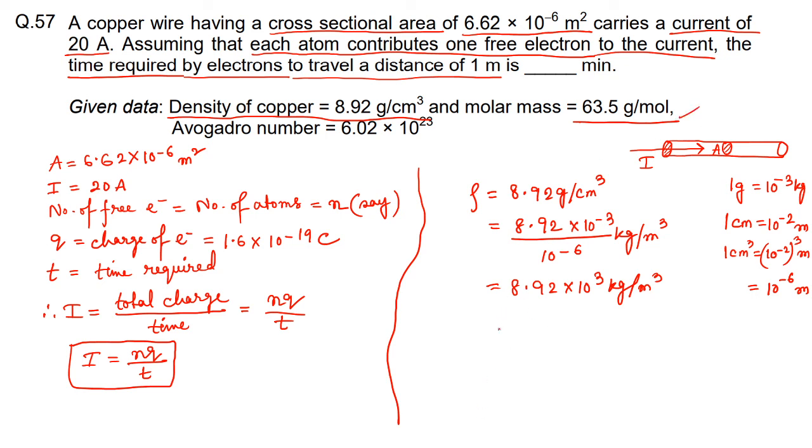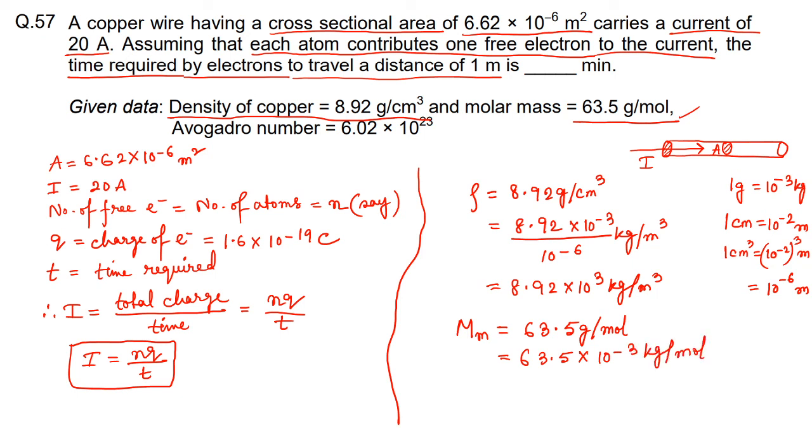Now let us take the molar mass as capital M. This is the molar mass. So the molar mass equals 63.5 gram per mole, or we can write it as 63.5 into 10 to the power minus 3 kg per mole.